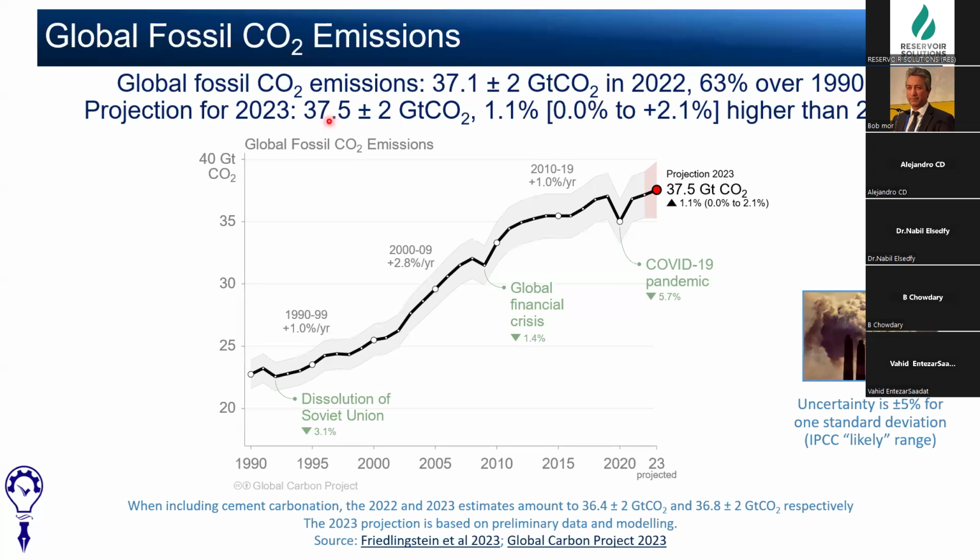Again, in year 2023, we can see that the amount of CO2 emissions from fossil fuels has increased by about 1.1% and reached 37.5 plus minus 2 gigatons of CO2.